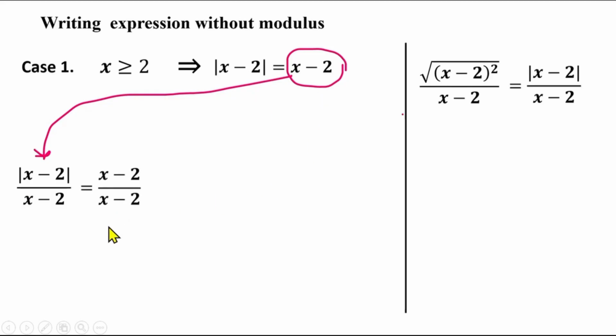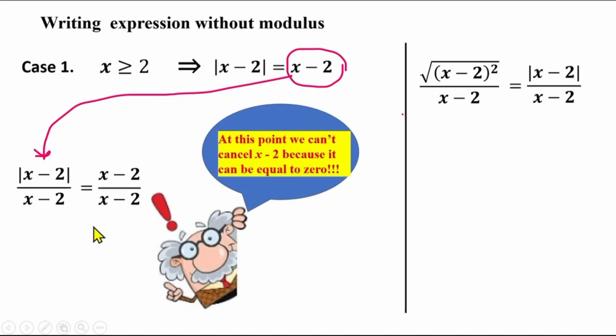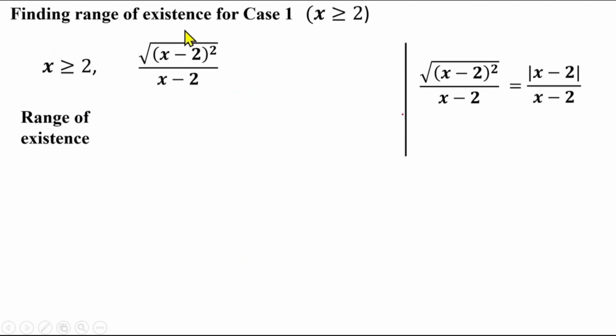And here, attention, if you want to cancel right now x minus 2, you will have a wrong result. At this point, we cannot cancel x minus 2 because it can be equal to 0. And in this case, the right-hand side doesn't exist. So first, we need to consider a range of existence of our expression for case 1.